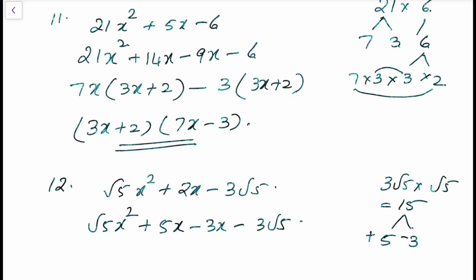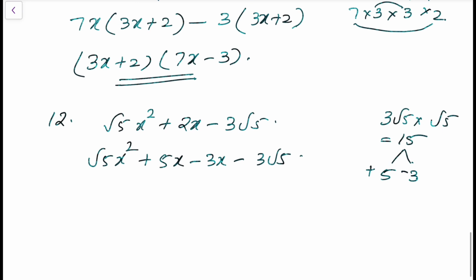Now, in the first two terms, root 5 and 5 you do not have common, only x is common, but that is not possible. You will not get the common factor. So, 5 and root 5, 5 can be written as root 5 x squared plus root 5 into root 5 x. So, this is important here.